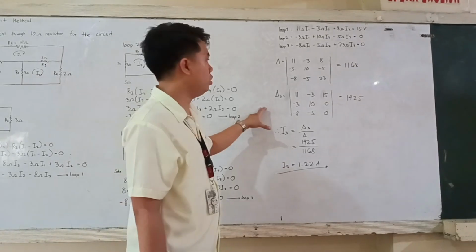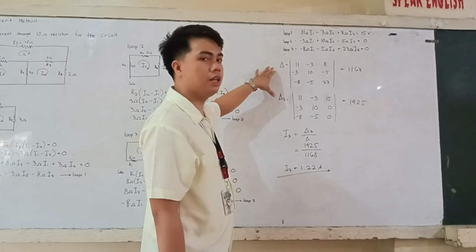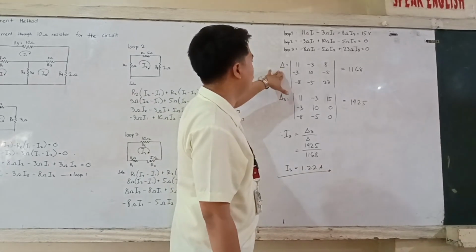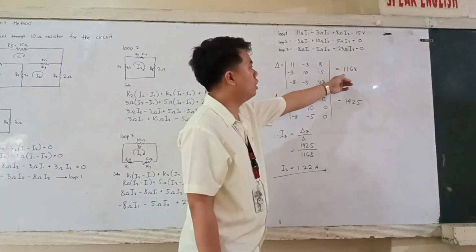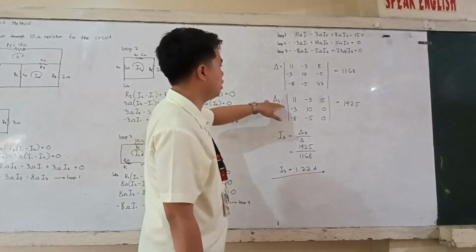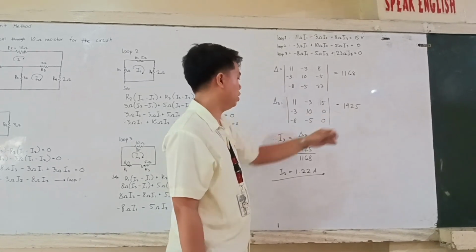Next, we will be solving the delta using a matrix, and our delta gives us 1168, and our delta 3 gives us 1425.